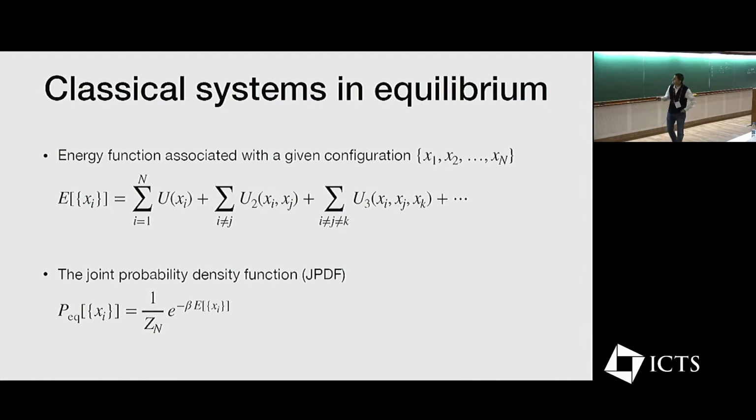This energy function has a confining potential, a single particle term, a two-body interaction, a three-body interaction, and you can put anything you want. But irrespective of whatever the energy functional, you know that the joint probability distribution of these coordinates is given by the Boltzmann distribution.